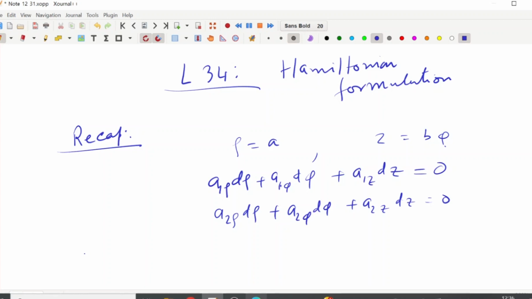So, clearly in the first case you will find that A1 phi is 0 equal to A1 z. Similarly, in the second case you will find A2 rho equal to 0, and in the first case A1 rho is 1. In the second case, if you write B phi minus z, you can write A2 phi equal to B and A2 z equal to minus 1.